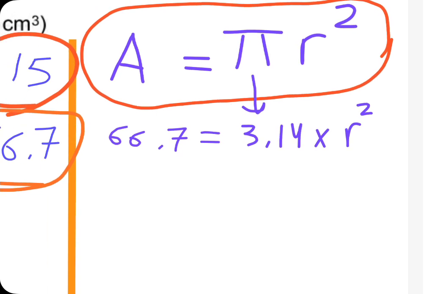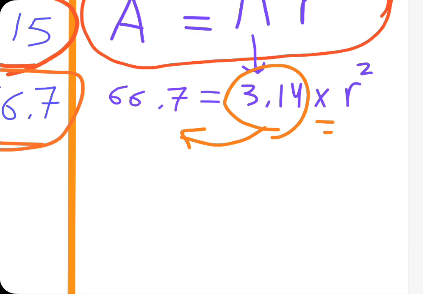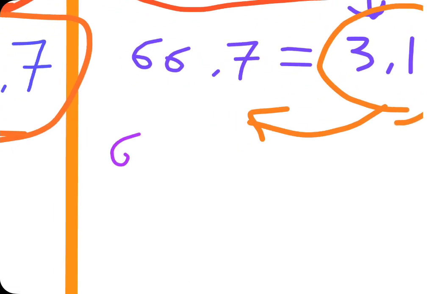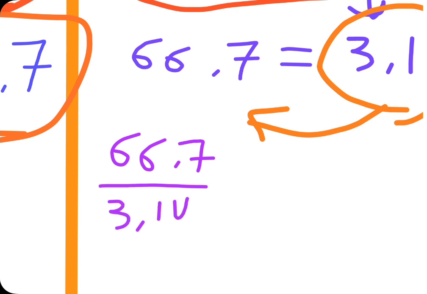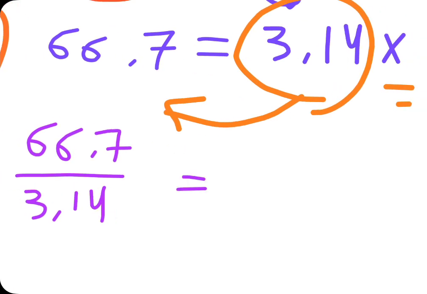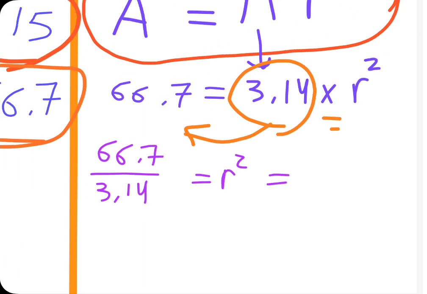Now, in this equation, what do we do? Very good. We take the 3.14 to the other side by dividing, because it's multiplied. Now, the equation will be like this. 66.7 divide 3.14 equals r squared. And it equals what?